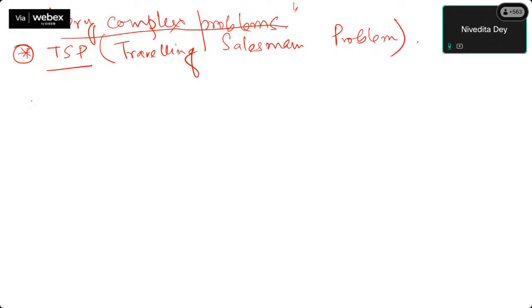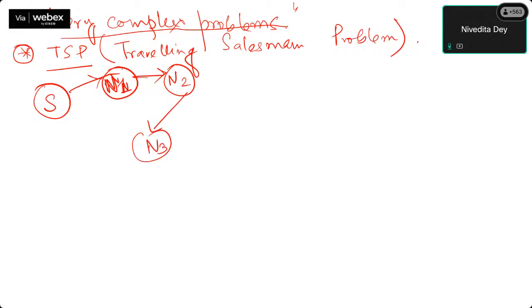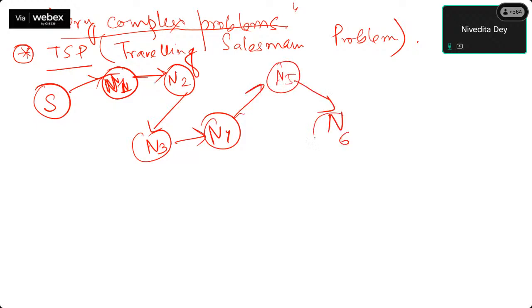So, what is the problem? Say you are at a start node, you have to traverse to node 1, say N1, then N2, then N3, then N4, then N5, then N6, then to the end.